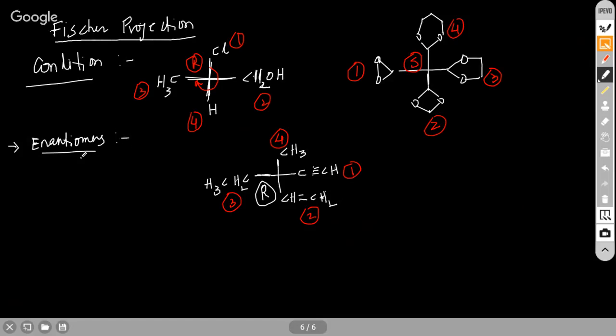Write down: these are the compounds which are non-superimposable mirror images of each other, are called enantiomers. Non-superimposable mirror image of each other.